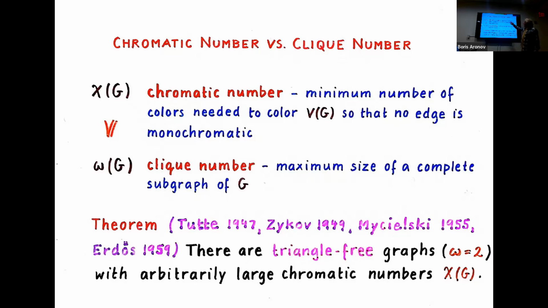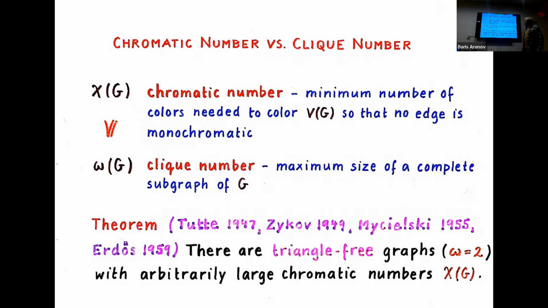And the chromatic number is the minimum number of colors you need to color the vertices so that no two vertices that receive the same color are connected by an edge. Obviously, there is a relationship between the chromatic number and clique number. You need at least as many colors as the clique number, because for each vertex of the clique, you need a different color.